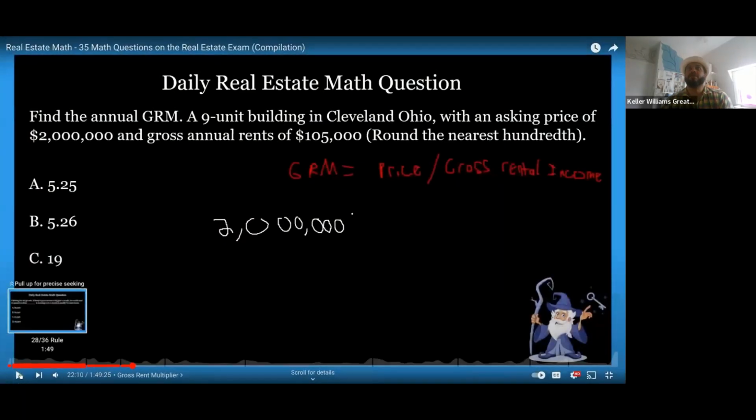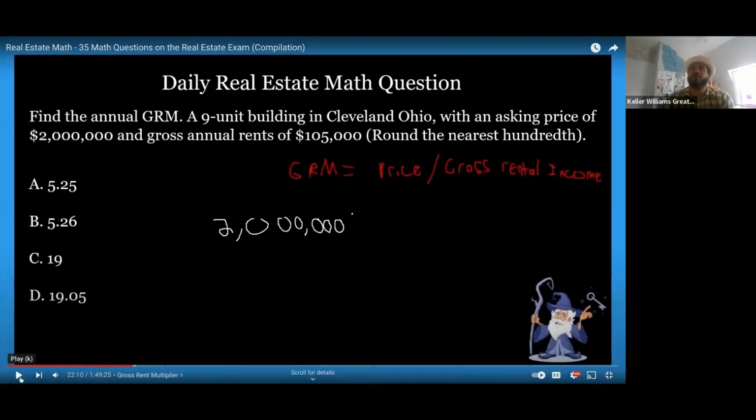So here's your equation. Gross rent multiplier equals price divided by gross rental income. So price divided by income. And I said 200,000 is 2 million.